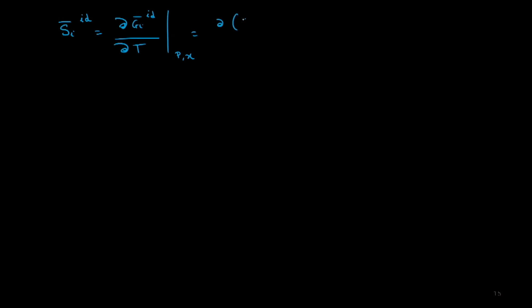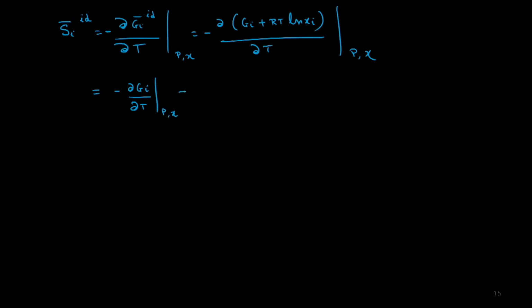So this will be the derivative of Gi plus RT ln xi with respect to temperature at P and x. In fact, this is the negative of that quantity, right? So that will be negative derivative of Gi with respect to temperature at P and x for the pure component, minus R times ln xi.